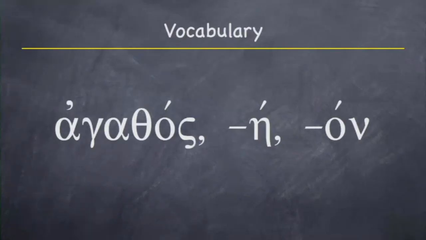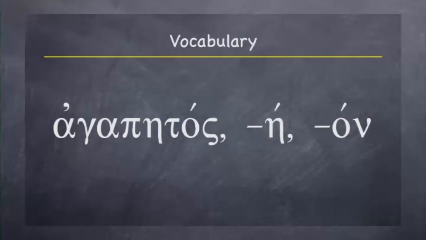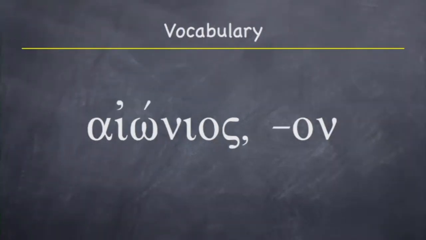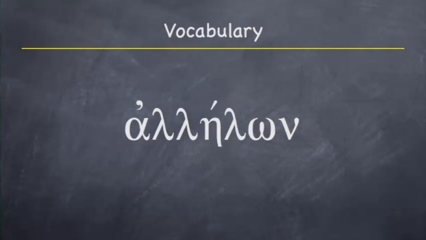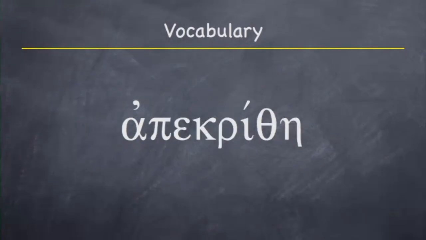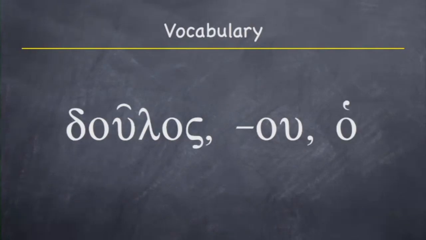Agathos, agathe, agathon: good, useful. Agapetos, agapete, agapeton: beloved. Aionios, aionion: eternal. Allelon: one another. Apekrithe: he, she, it answered. Doulos, doulou, ho: slave, servant.